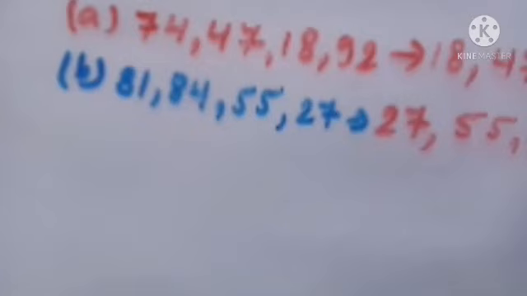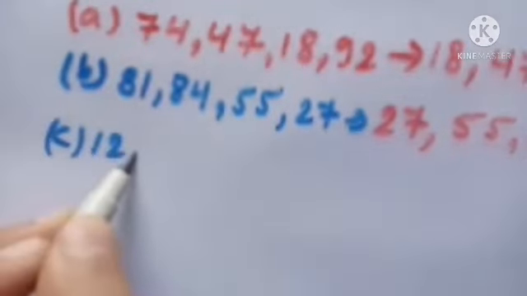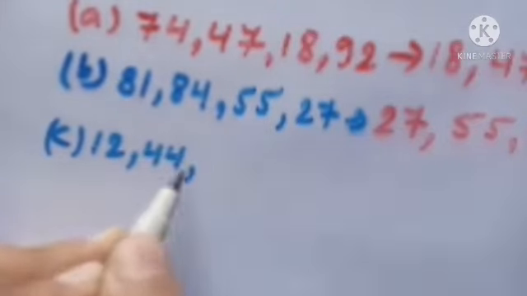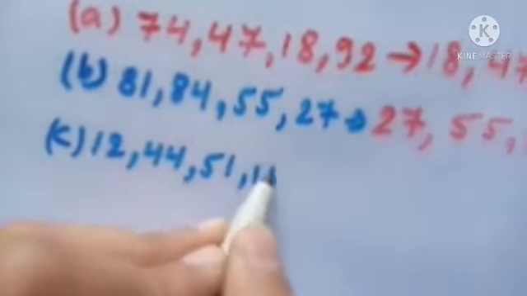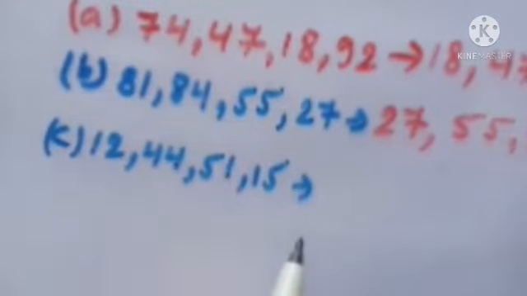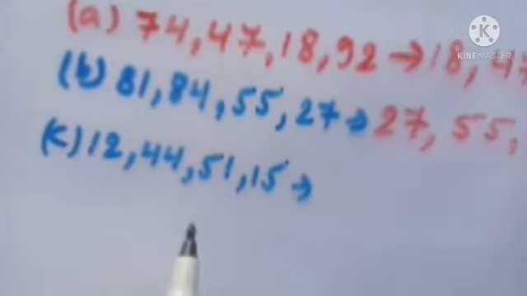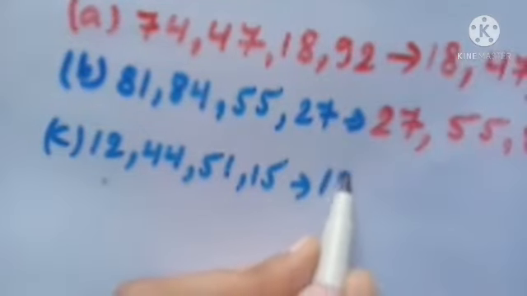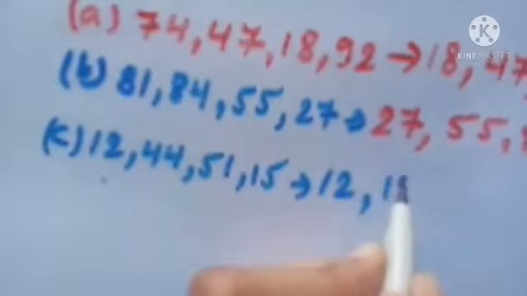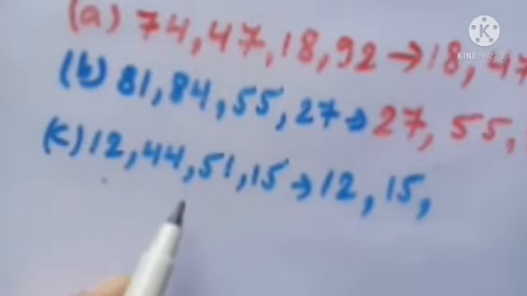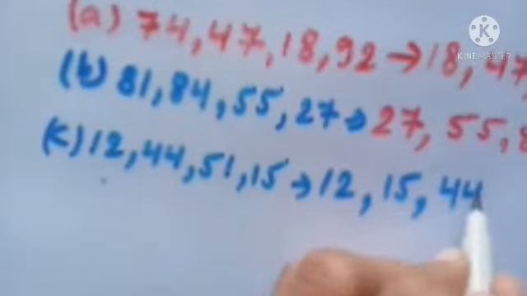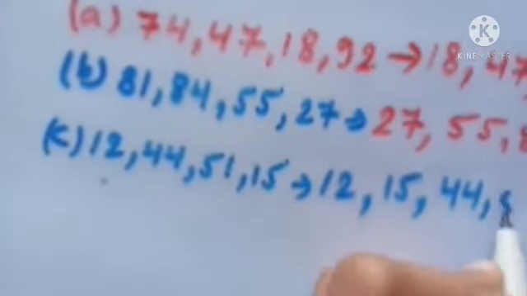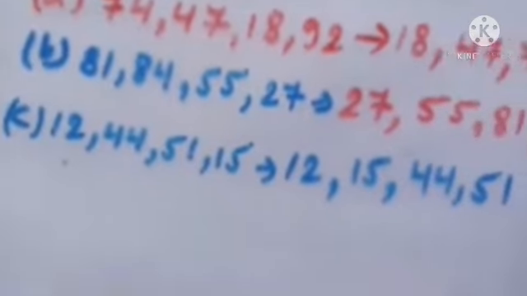Let's do question number C also. In C, 12, 44, 51 and 15 are given. When we arrange these, first we have to write the small digit. Which is the smallest digit in this series? 12. Okay? Write 12, then 15, then 44, and in the last there is 51. Like this. Okay.